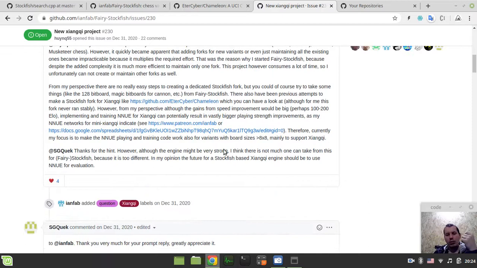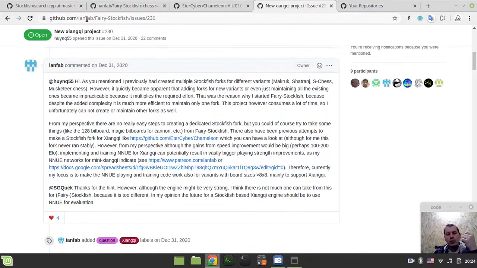And you can read this on your own. Just go to Xiangqi Stockfish issues 230. The idea is that he decided to make a single project containing all the variants. The trade-off is that on the one hand, you can maintain all the variants together in one project, but the downside is that every single variant can't be as strong as if you were developing it separately.